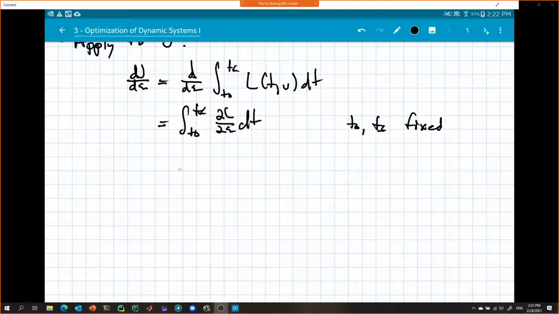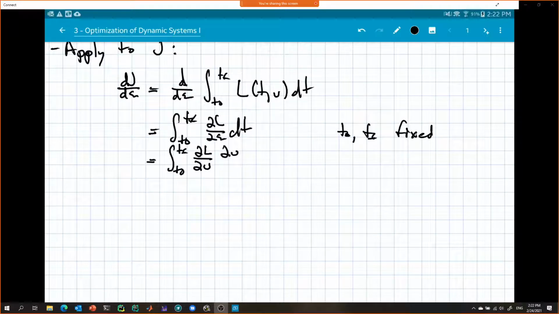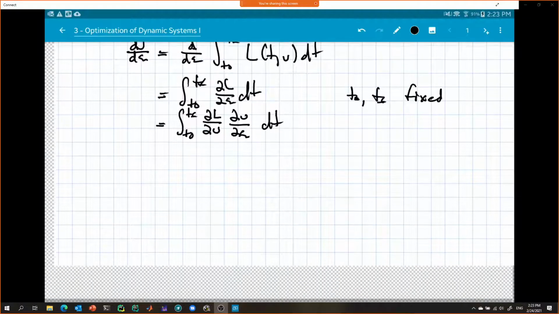It won't be in the future, but now it is. Then we can expand this partial out: the partial of L with respect to u times the partial of u with respect to epsilon, dt.